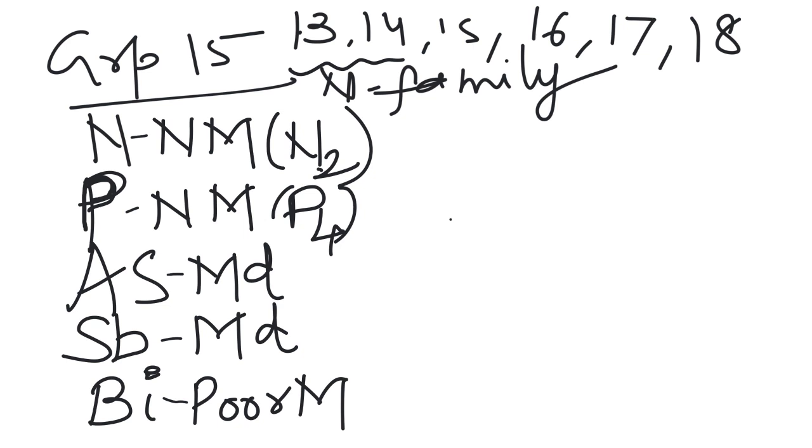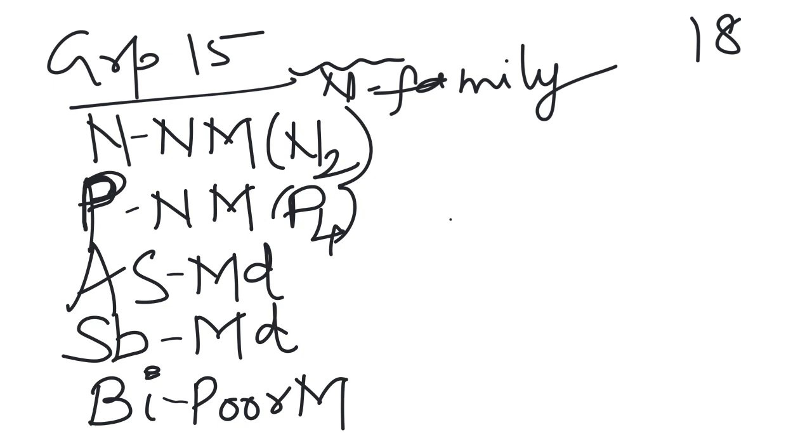So as we go from top to bottom, from nitrogen to bismuth, the ionization energy and electronegativity both decrease down the group.